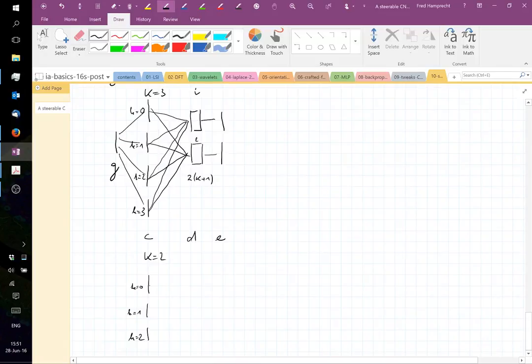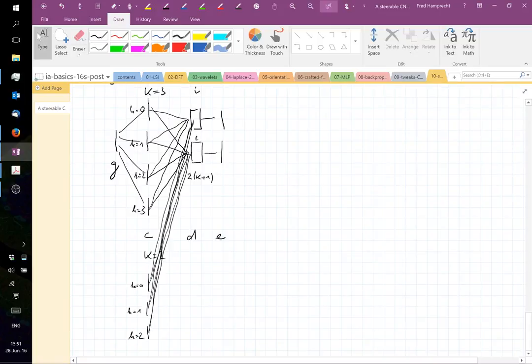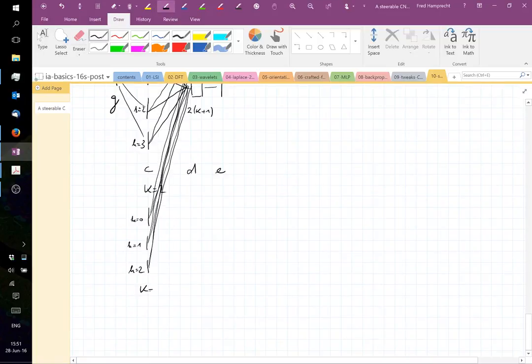And these filters here can also feed into those and into the other one further above. Okay, now it gets completely cluttered. This was for K equals 2, and then in addition I have K equals 1 and K equals 0.